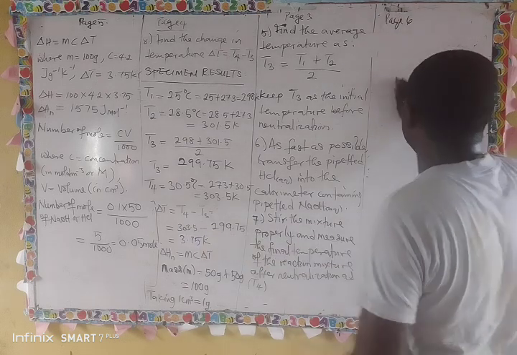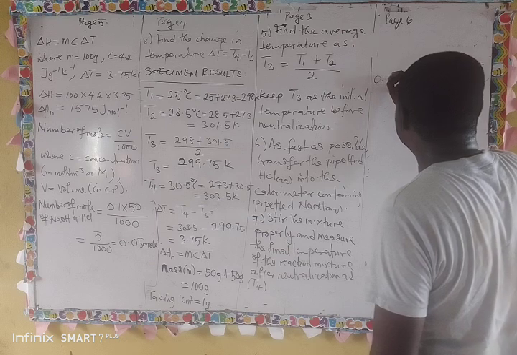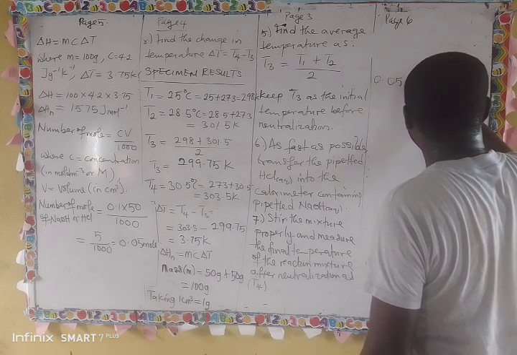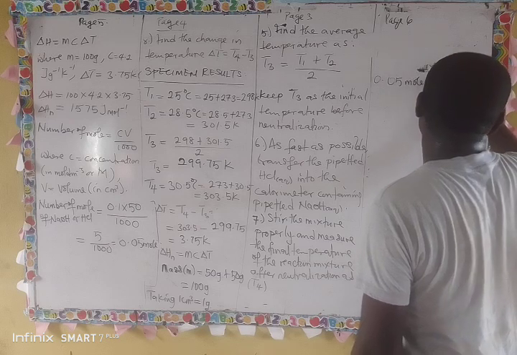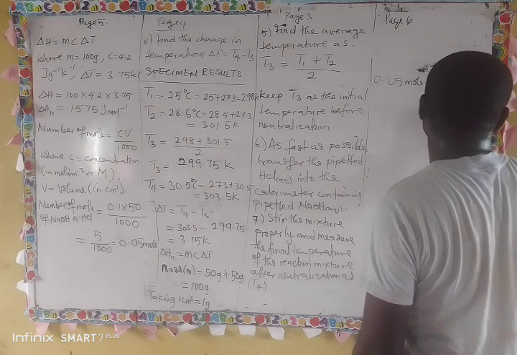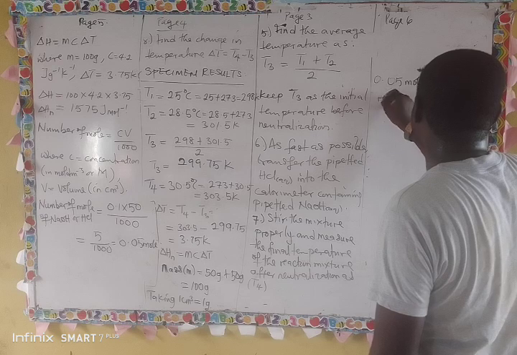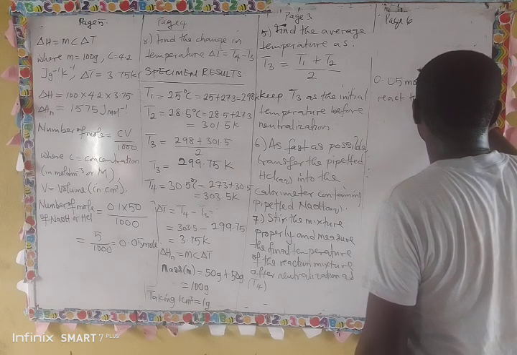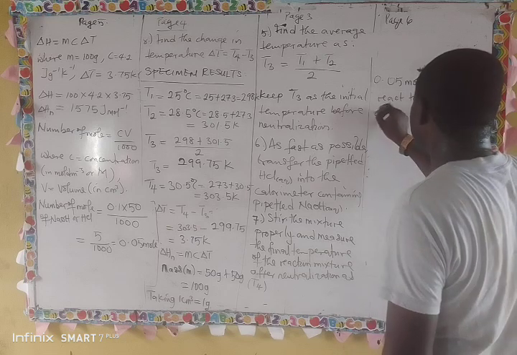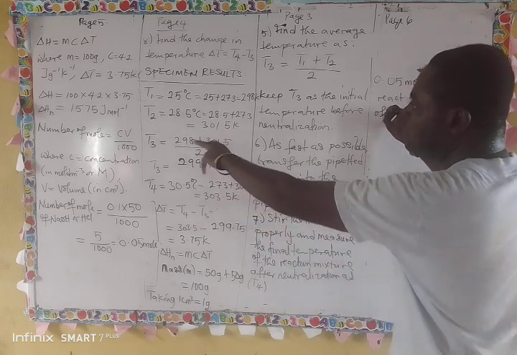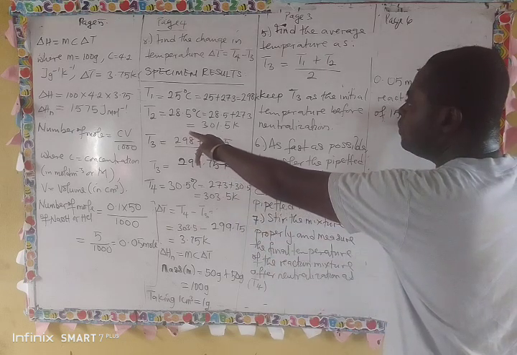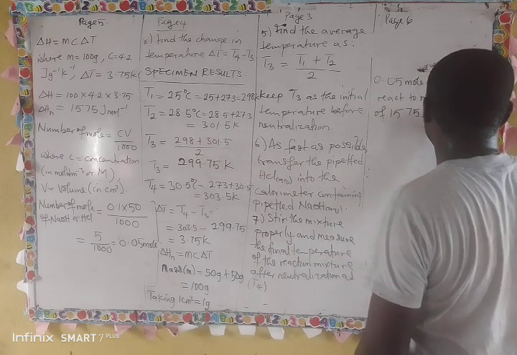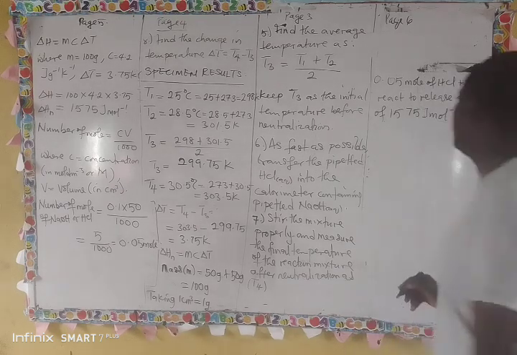It shows that 0.05 mole of HCl plus NaOH now reacts to release what heat? What heat did you get now? 1575 joule. Are we together?